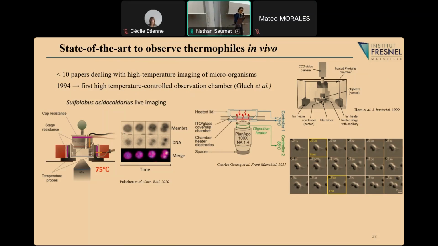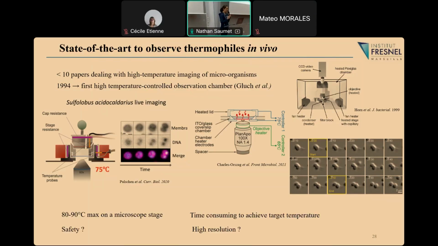But these two studies focused only on Sulfolobus acidocaldarius live imaging. And they were constrained by many things: they can only reach a maximum of 80 to 90 degrees on a microscope stage. We can ask questions of safety because everything is really hot. It's time consuming to achieve the target temperature; it took hours to reach the temperature in order to perform this imaging.